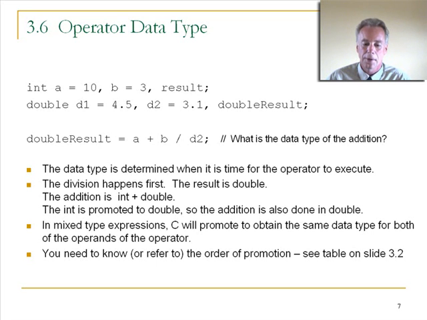And the result of that is a double, and then the assignment operator happens in double, so there is no casting required, no promotion or demotion. So you need to know the order of operation as it's happening in the expressions to be able to determine what is the data type of the operators.